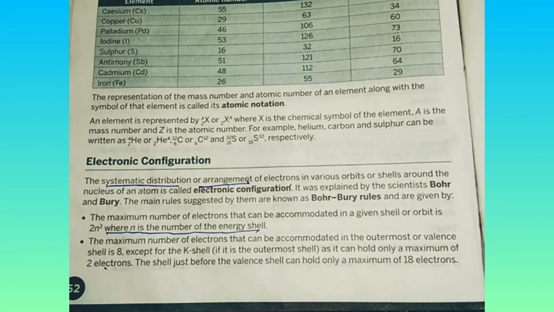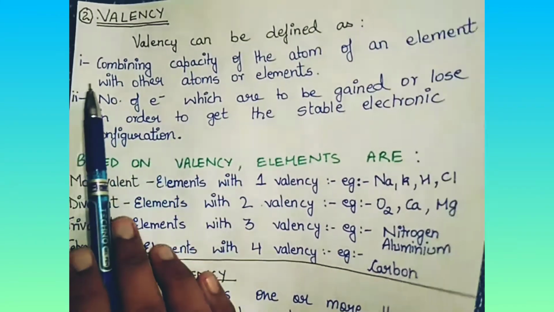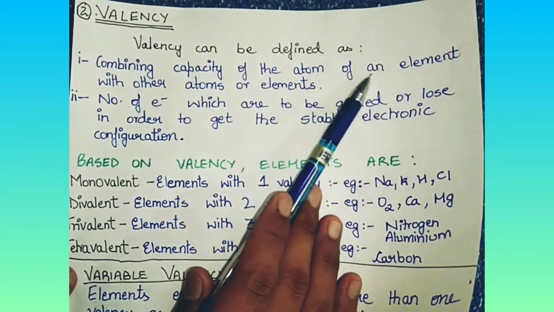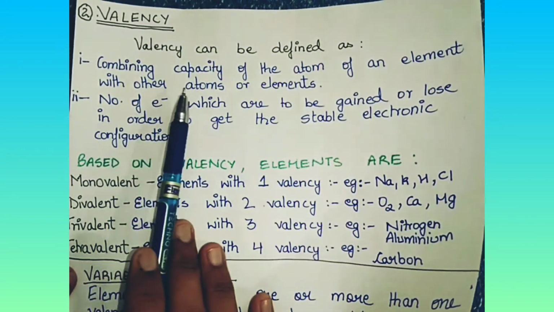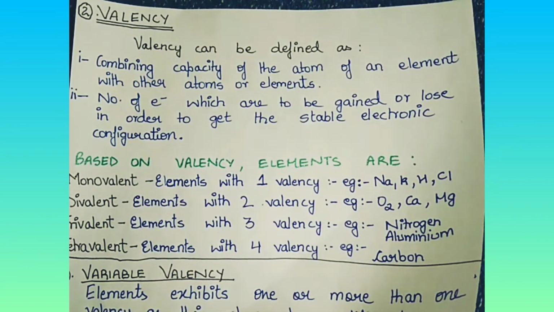Now let's move to valencies. So let's discuss what valency is. Valency can be defined as the combining capacity of the atom of an element with other atoms or elements. So it is the ability of an atom to combine with a different atom.